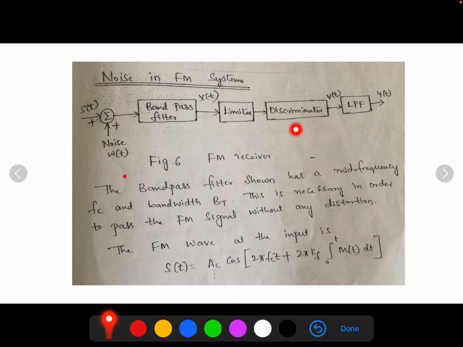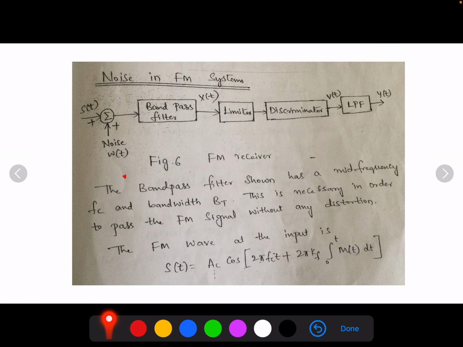So the discriminator consists of two components in this model. One is a slope network, or you can also call it a differentiator, with a purely imaginary transfer function that varies linearly with frequency. It produces a hybrid modulated wave in which both amplitude and frequency vary in accordance with the message signal. And we have an envelope detector that recovers the amplitude variation and thus reproduces the message signal.